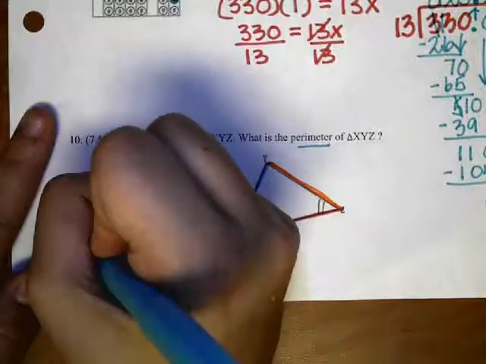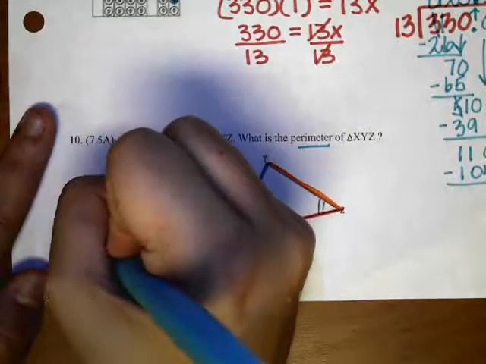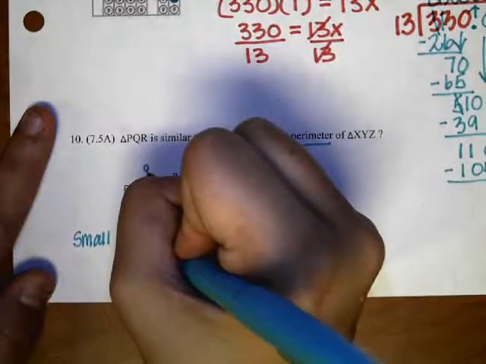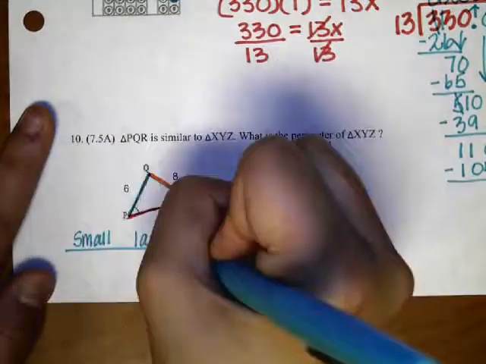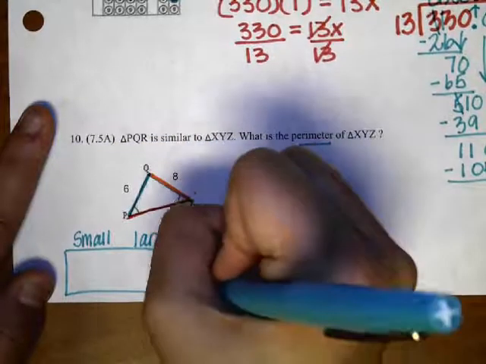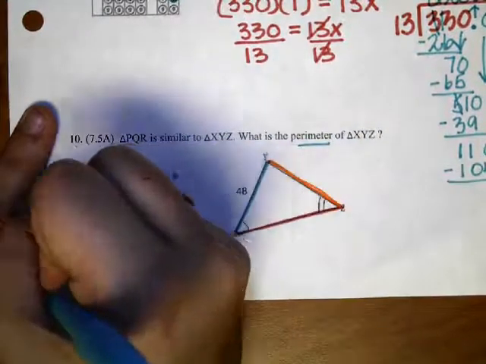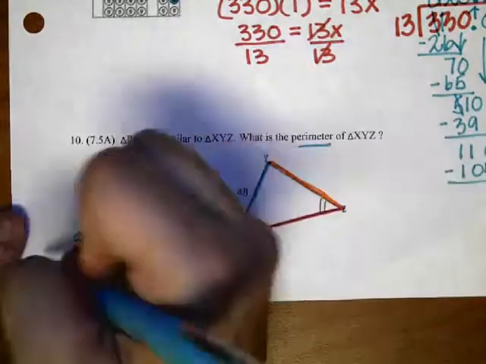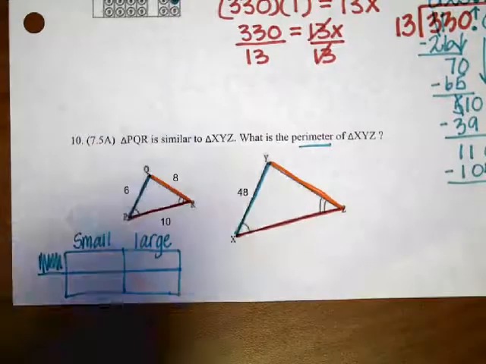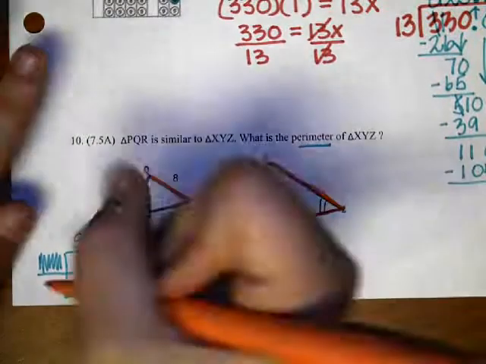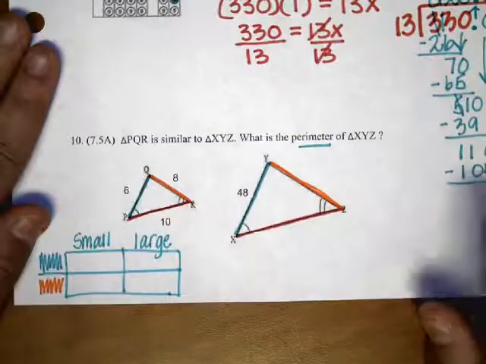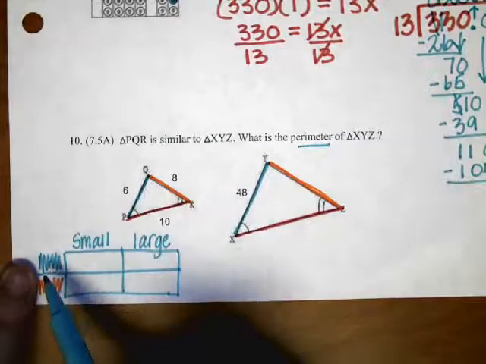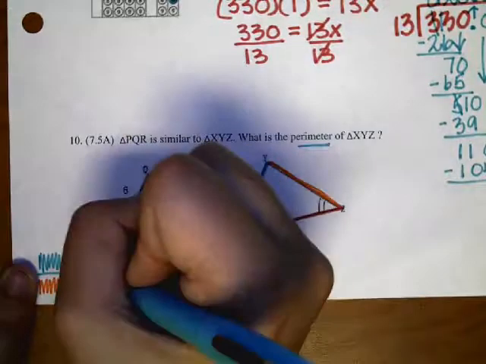So set up a proportions box. You have your small triangle and you have your large triangle. I use colors because it's easier for me to determine what I'm looking for. So I'm going to use my side blue to find my side orange. The small triangle, my side length of blue is 6.